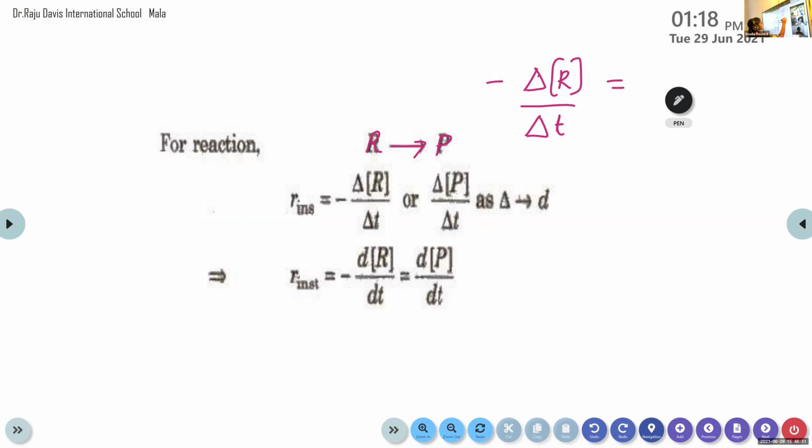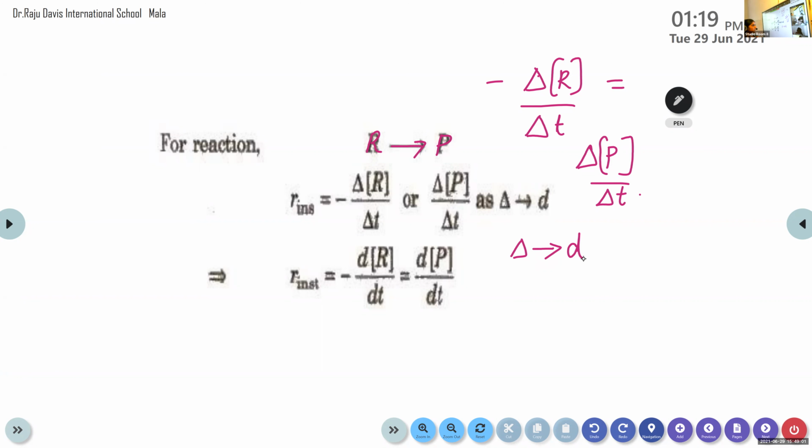It's also equal to delta P by delta T. These two are the equations to find out the average rate of a chemical reaction. When it changes to instantaneous rate, this delta will change to d. This d stands for very small interval, that means approximately equal to 0.